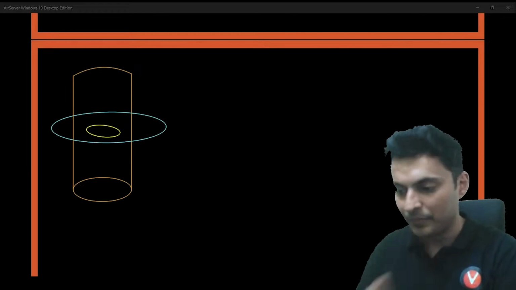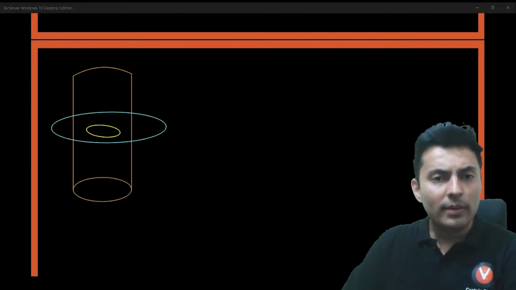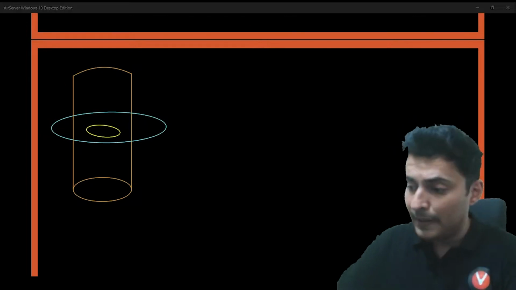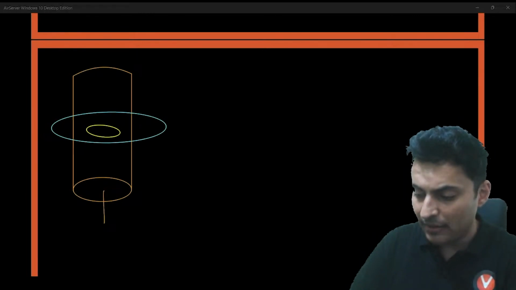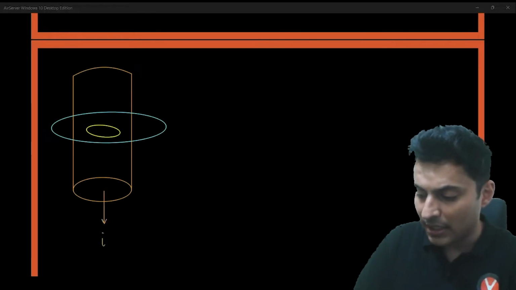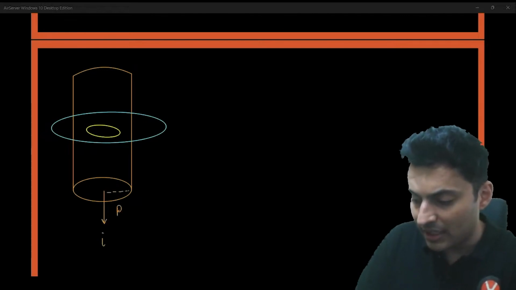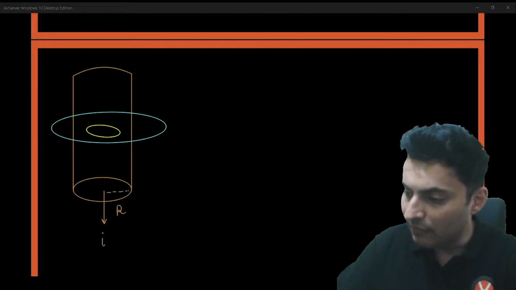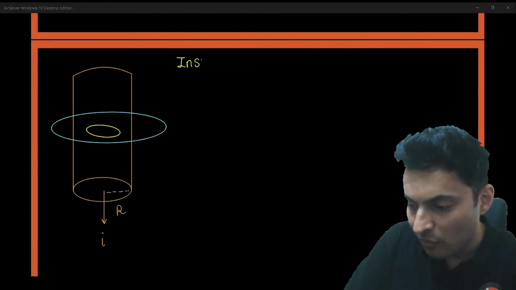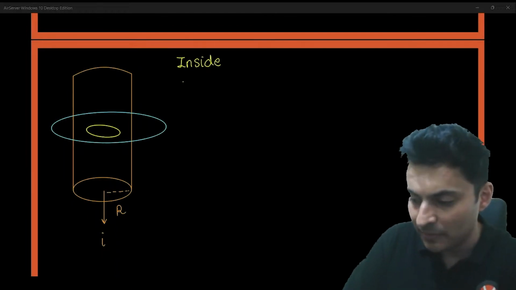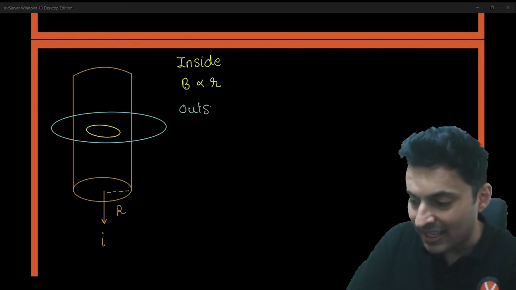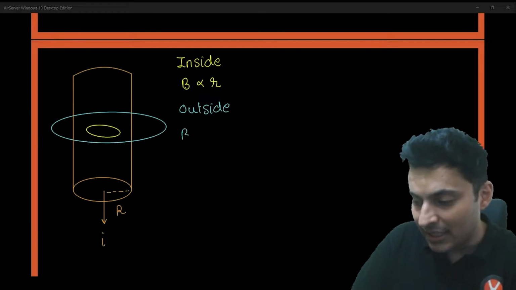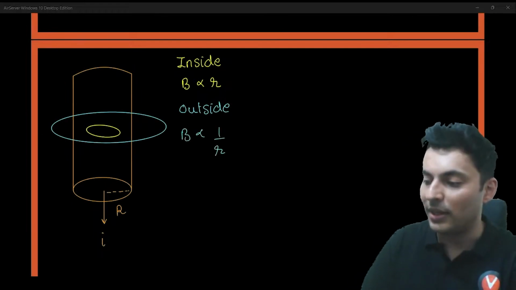Done. That's done. Okay. So when you are inside a wire carrying current, this is a wire which carries some current, and the wire has some thickness, so it will have some radius. And when you are inside, remember one thing, the magnetic field is proportional to r. But the moment you go outside, it is inversely proportional to r.